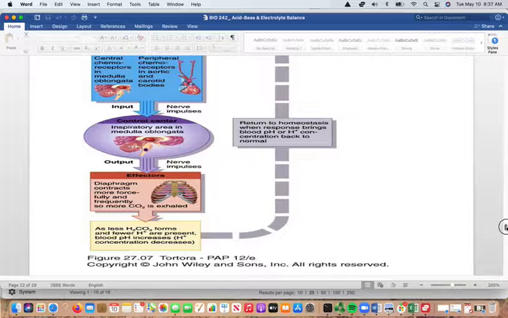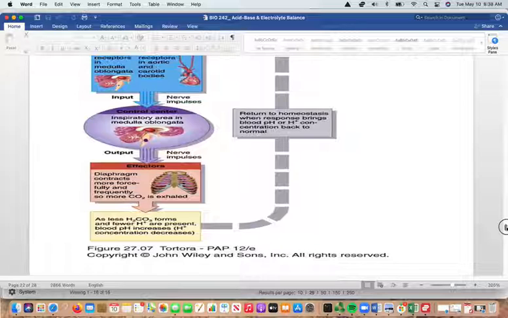The diaphragm is going to contract more forcefully and frequently so that you exhale more carbon dioxide. As less bicarbonate forms, fewer hydrogen ions are present, and the pH increases and the concentration decreases to get back to homeostasis. So what the body is really monitoring is the carbon dioxide levels.